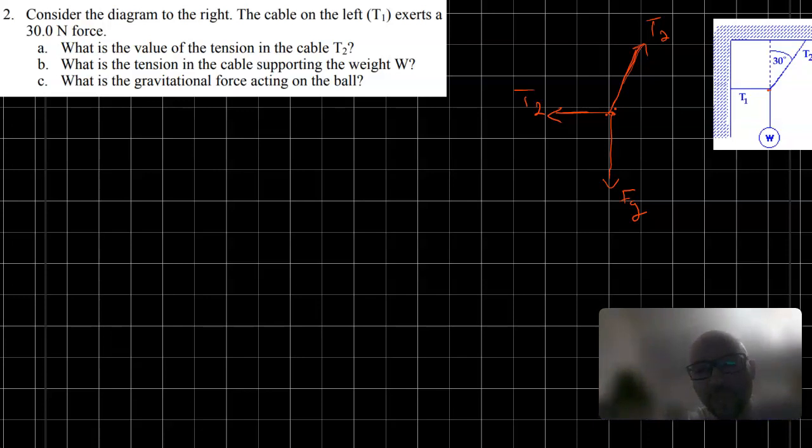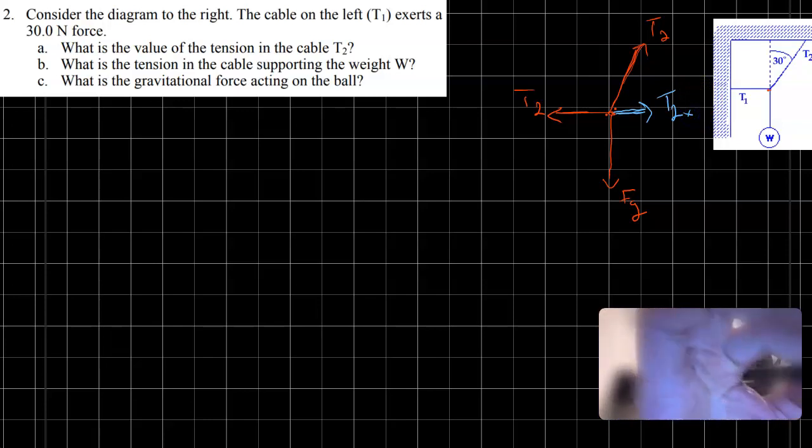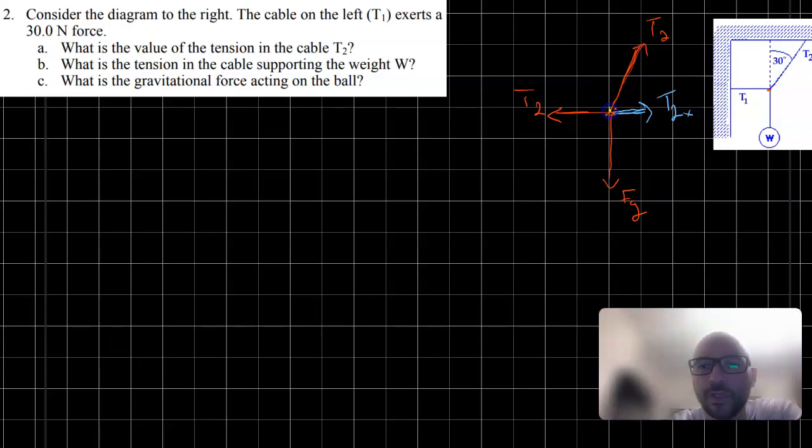If you have something on an angle, always break it up into its components. So in this case, I'm going to have the x and y components of this force. The x component is going to be right there, opposite to T2, so that's going to be T2x, and we're going to have another T2 component that is going up, and that's T2y.